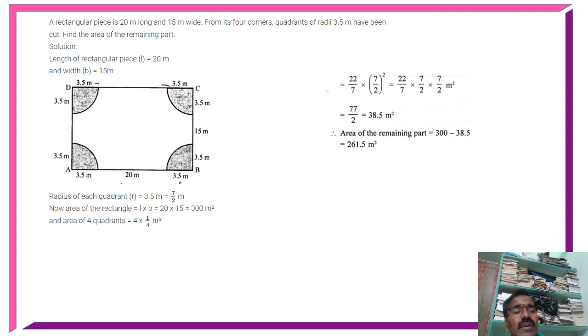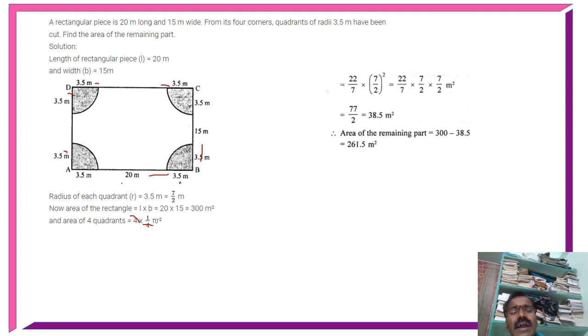We need to subtract from the area of the rectangle 4 into area of quadrant. 4 into area of quadrant, the 4 cancels and it forms 1 circle. Sorry, children. If you add 4 quadrants, it will become 1 circle.